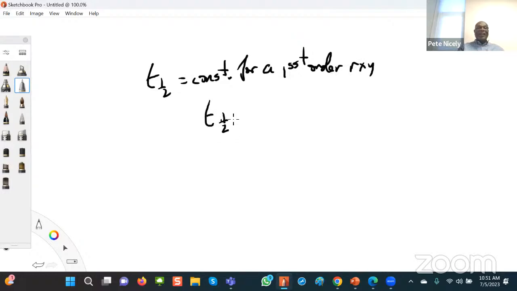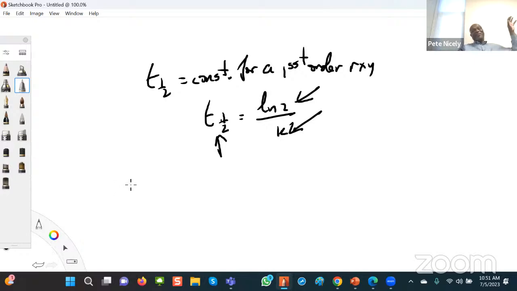The equation for the half-life of a first order reaction is ln2 over k, right? This is a constant and this is a constant, which means that half-life is a constant for a first order reaction. And that's kind of important, not only for this chapter, but later on, when we start looking at nuclear chemistry, you're going to see that nuclear decay reactions are pretty much all first order reactions, right?